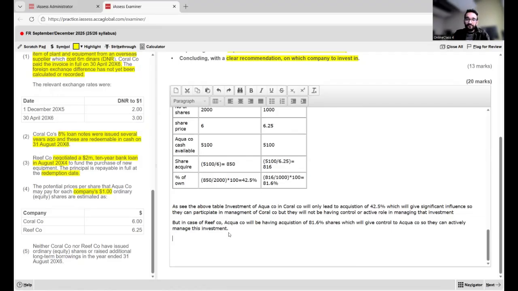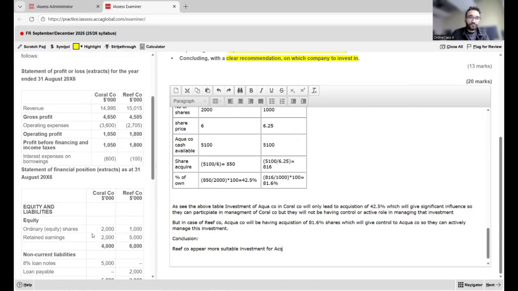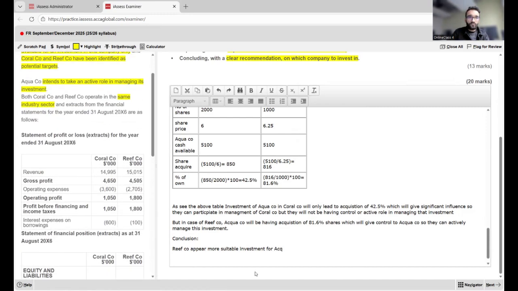From my perspective, Aquaco should invest in Reef company, which appears a more suitable investment for Aquaco rather than Coralco.